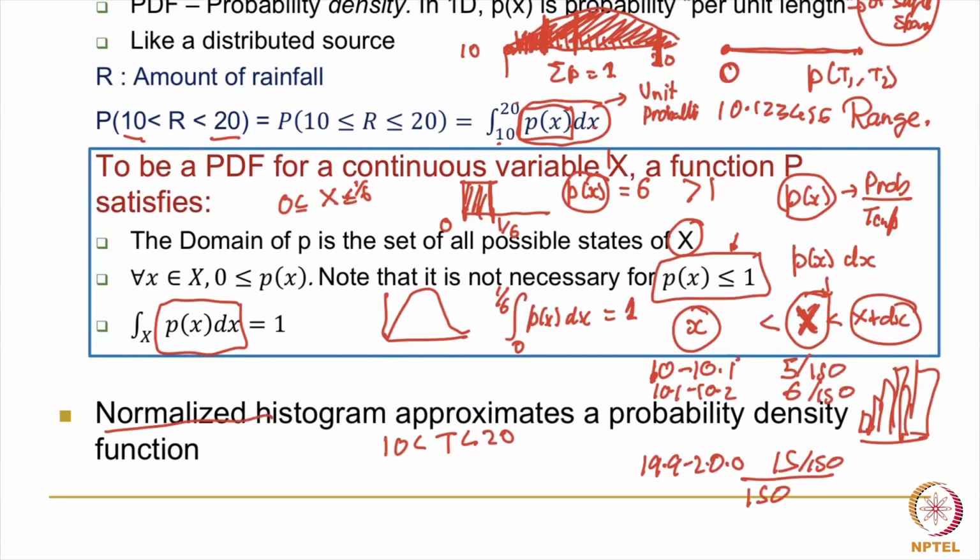Now, of course, I could reduce this range further. Instead of making it 0.1, I could make it 0.05. Then I'll make it a little bit thinner, but it'll look a little bit more continuous. And as I keep on continuing this process, this starts looking like a smooth curve. Now, that is what a probability density function is. It is sort of the limit of taking infinitesimal widths and infinite measurements. And that is what a histogram looks like.